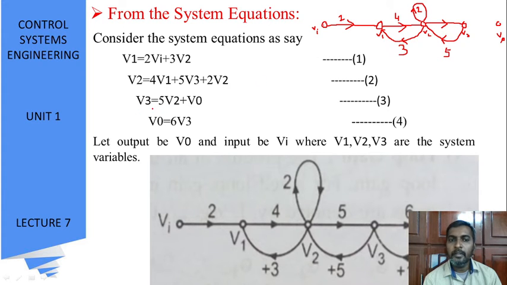Coming to V3, V3 equals 5 V2 plus V0. That means I can write it like this, so let it be 1. So V3 equals 5 V2 plus V0, and V0 equals 6 V3.